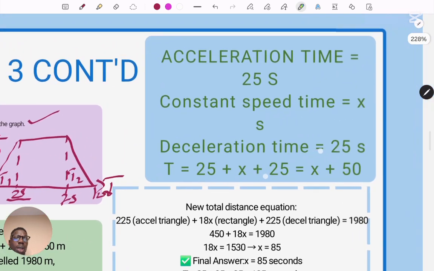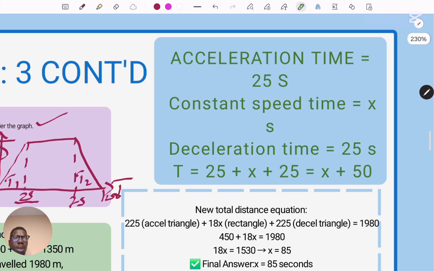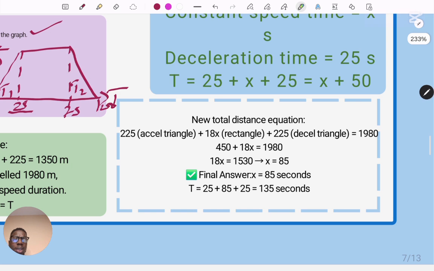The constant speed time we don't know yet, so we assume it is x seconds. The total time is 25 plus x plus 25, which is equal to x plus 50. Now, the new total distance equation.